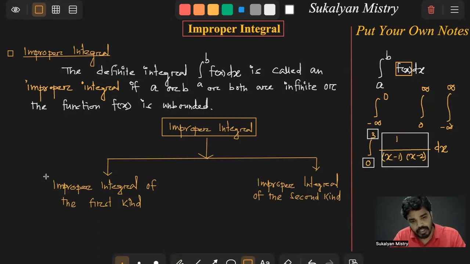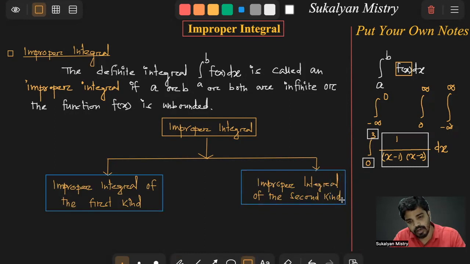Okay. Improper integral of first kind and improper integral of second kind.